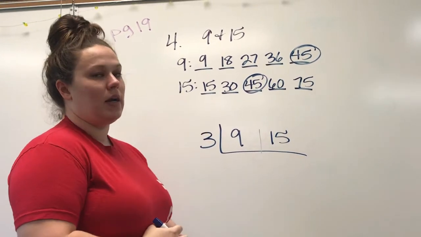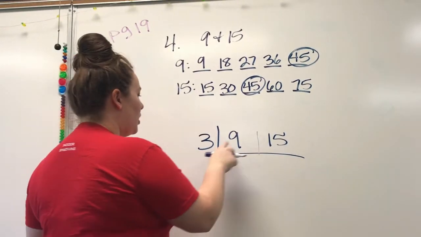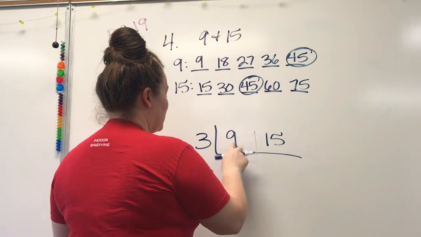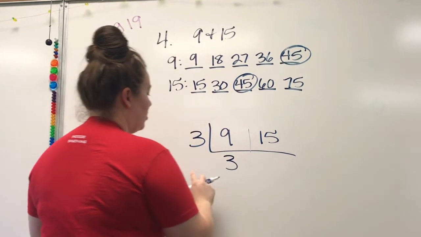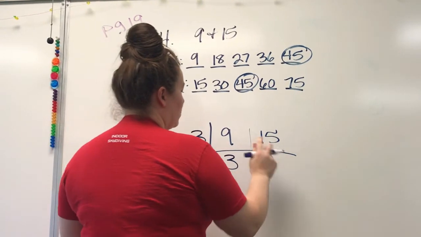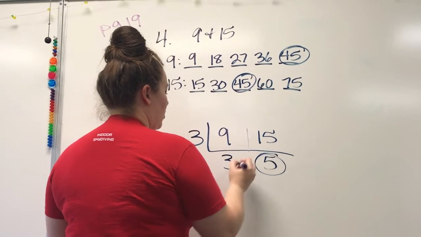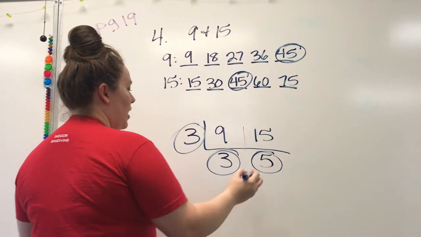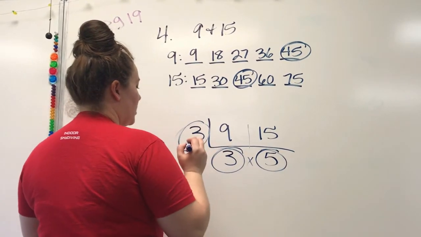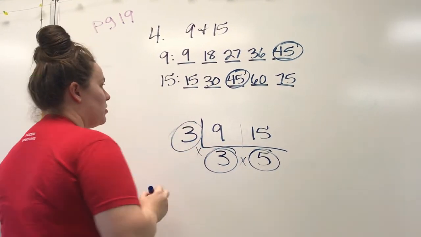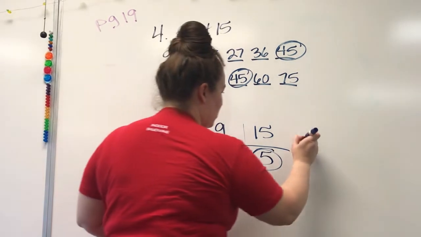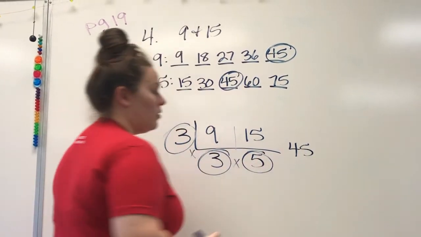They can both be divided by 3. 3 into 9 is 3, and 3 goes into 15 5 times. Circle all the things on the outside. 5 times 3 is 15. 15 times 3 is 45.